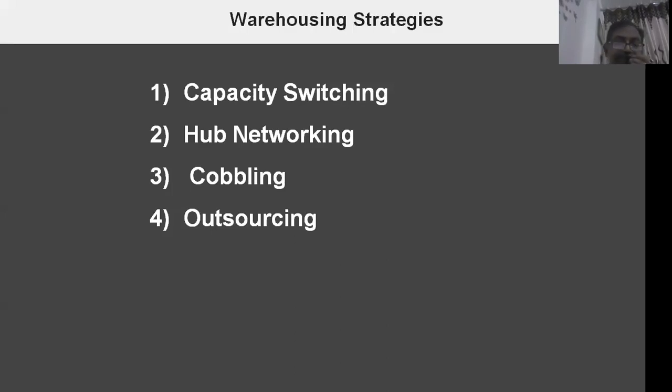Then outsourcing. Outsourcing happens when you are not managing your warehouse yourself. So you have outsourced the complete warehousing function to some external companies. These external companies can be logistics companies, or they can be specialized in warehousing.